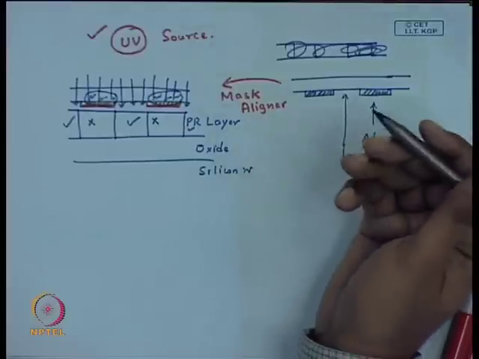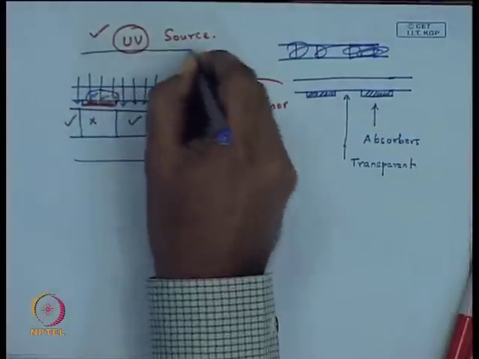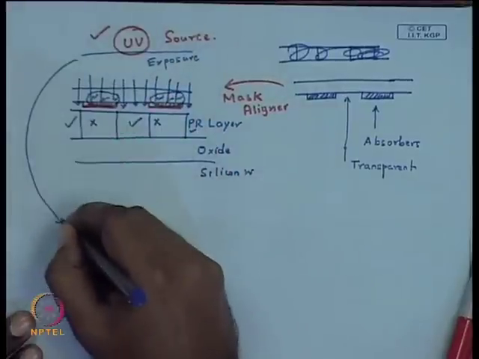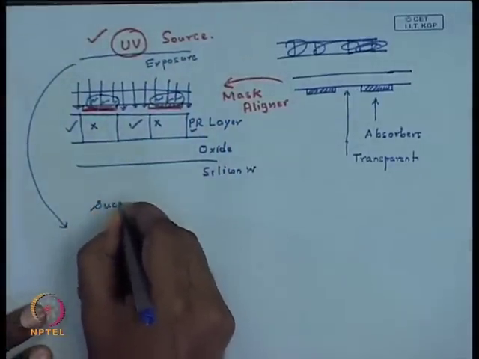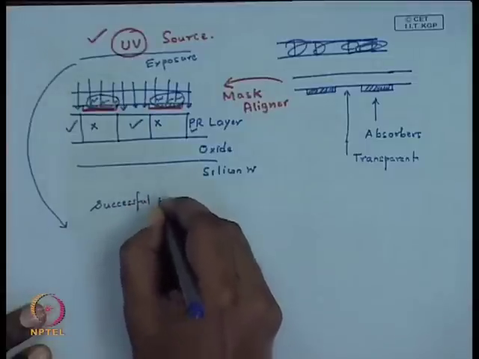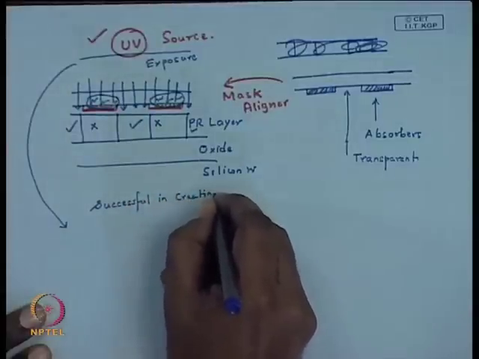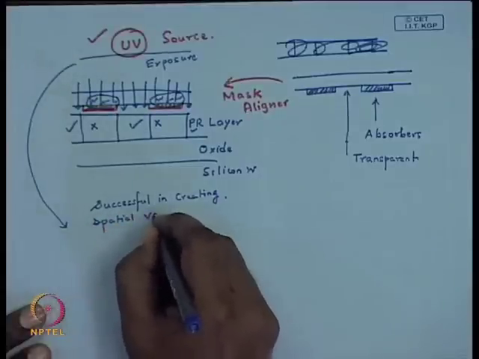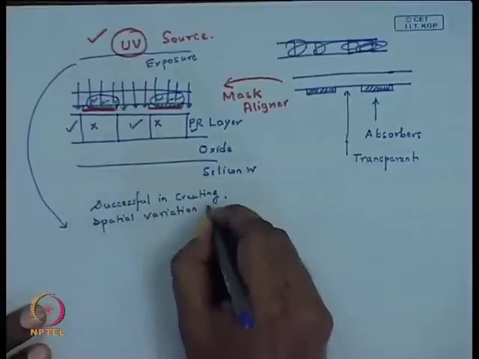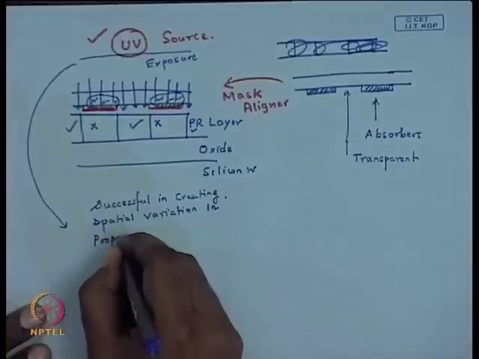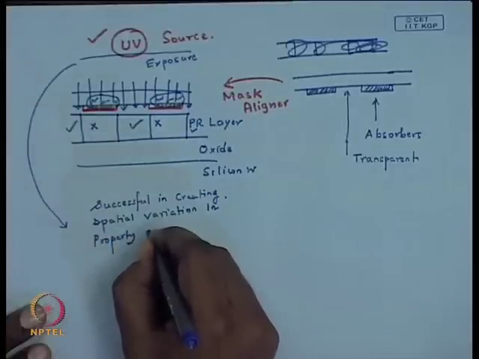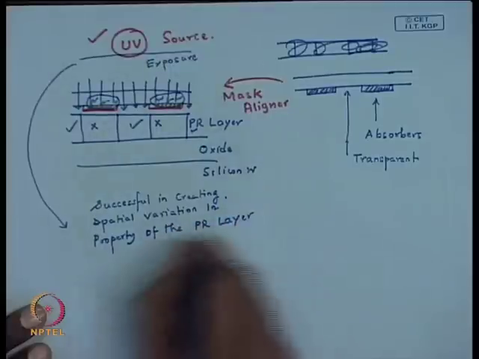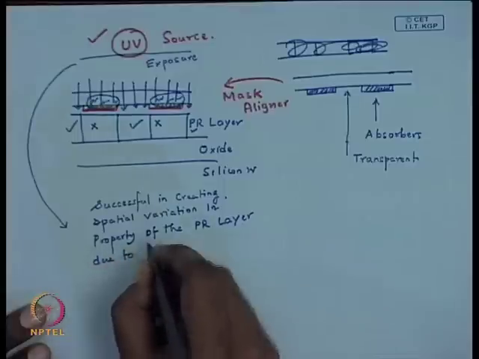Based on this particular stage of exposure, you have been successful in creating spatial variation in property of the photoresist layer, due to exposure.